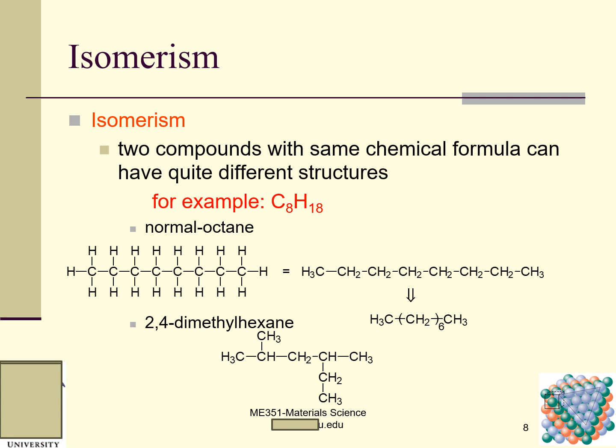So this is C, C, and so this is H, this is 1 H, this is 1 H. And here, H3C, CH2, until this here, CH3. And we can see this one can be written using this formula.